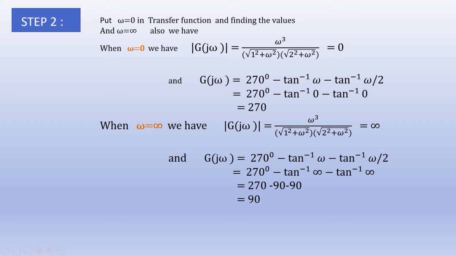Similarly for omega equal to infinite, if we substitute omega equal to infinite over here, then we have infinite magnitude, and for the angle we have 90 degrees. So we are done with two of our points for the polar plot, that is the magnitude and angle of the frequency response at omega equal to 0 and omega equal to infinite.